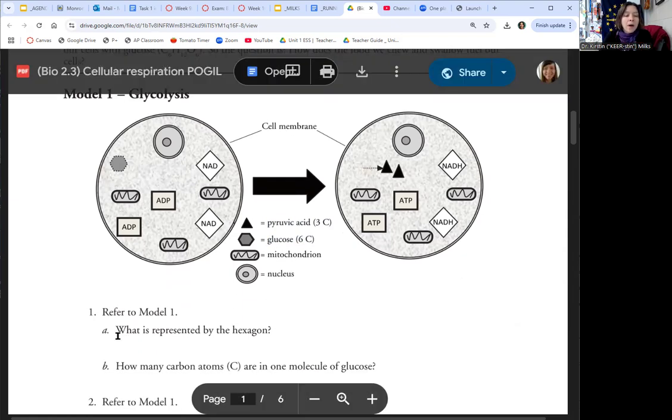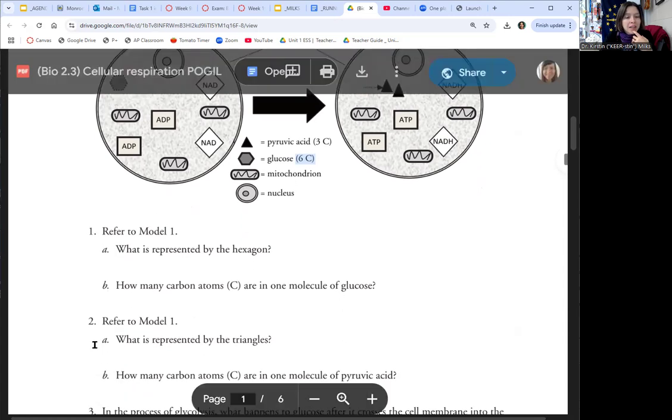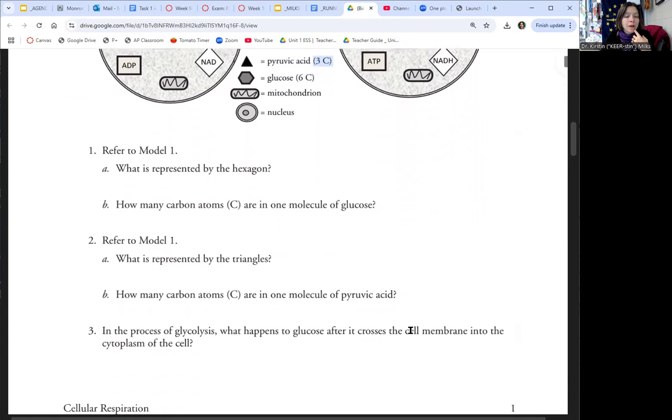So it says, refer to model 1, what is represented by the hexagon? Well, there's one 6-sided shape here. It's glucose, your friend glucose. How many atoms are in one molecule of glucose? What is represented by the triangles? And then how many carbons are in one molecule of that triangle shape?